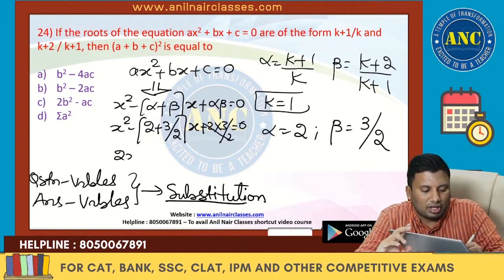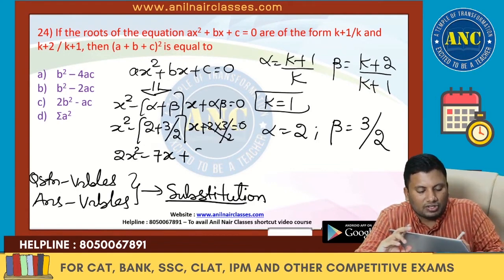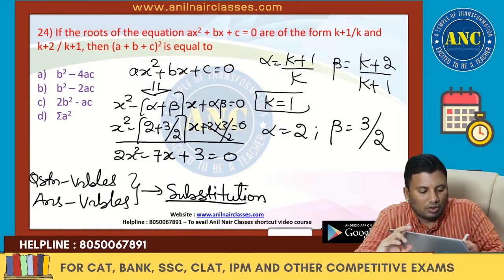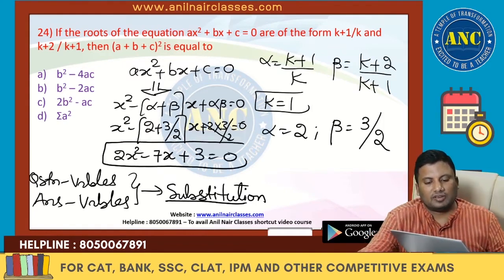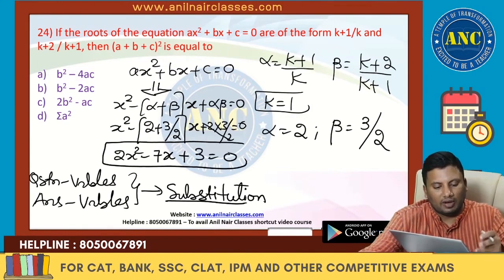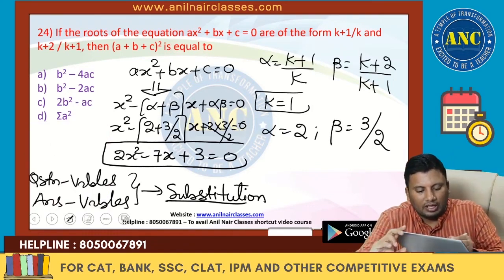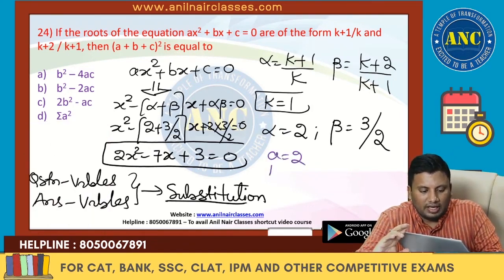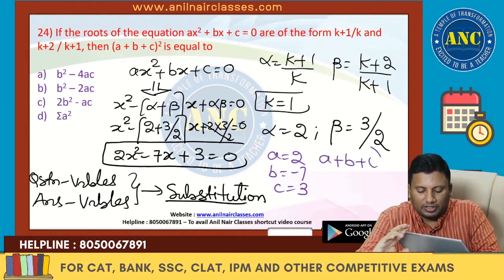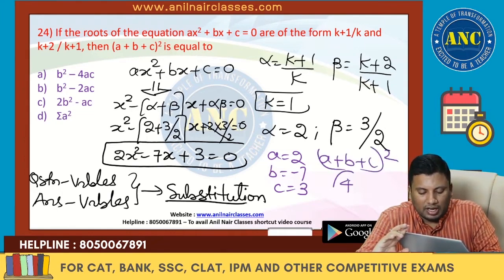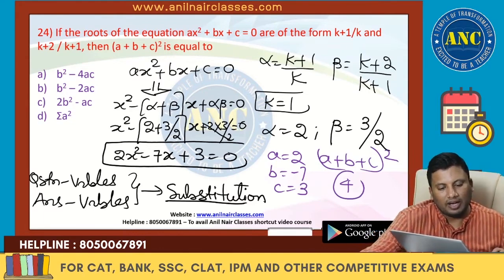So, this is nothing but 2x square minus 7x plus 3 equivalent to 0. Question and answer it should be same. A is 2, B is minus 7, C is 3. So, it is nothing but A plus B plus C whole square is 4. Answer should be 4. Where am I getting 4?